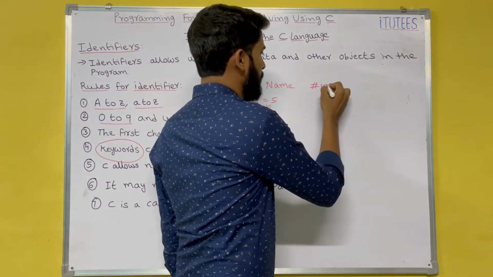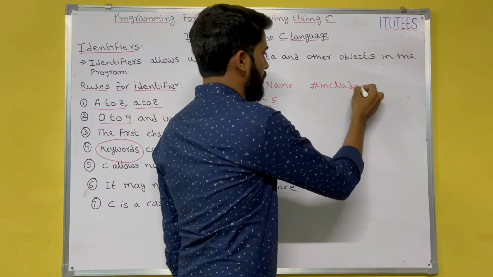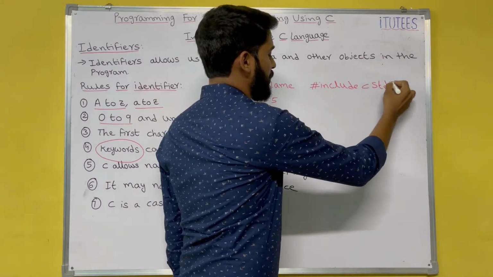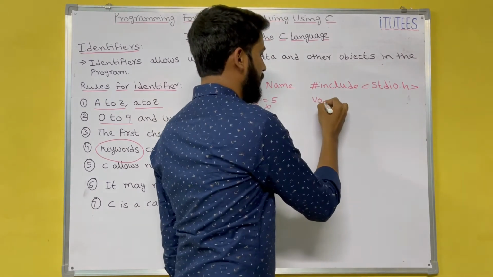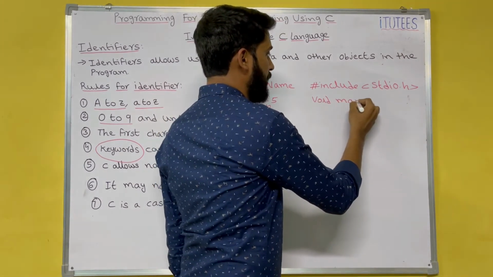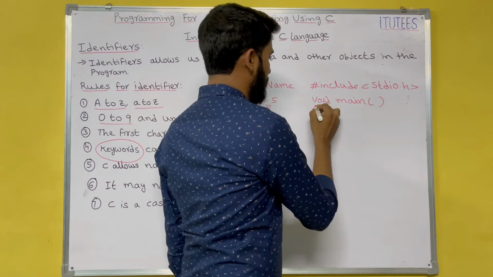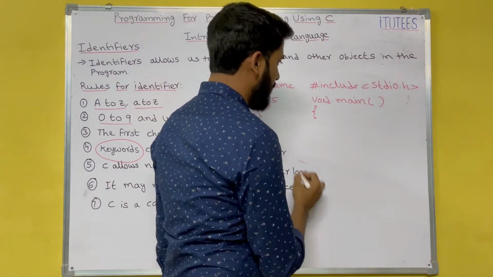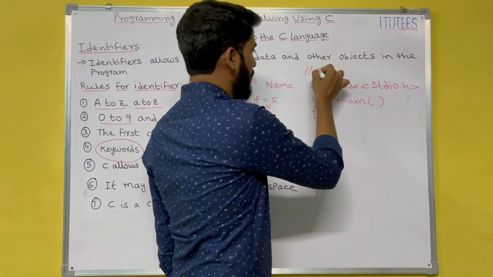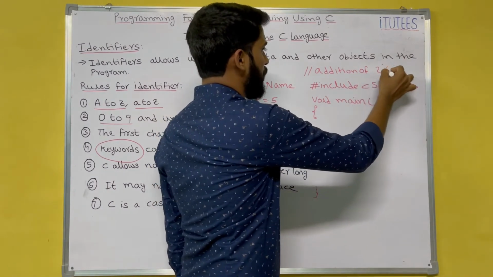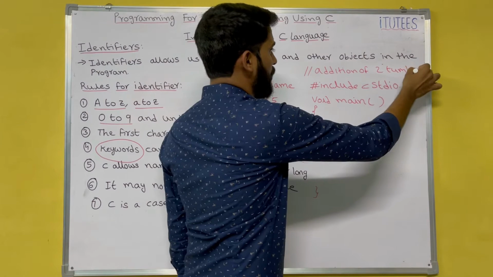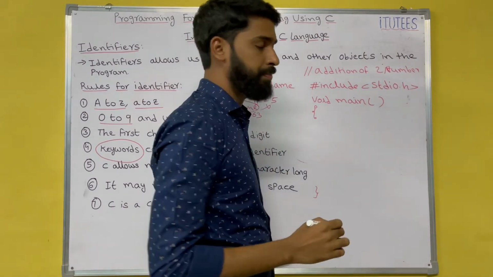Now we are going to see one small program. #include <stdio.h>. After that, the next line is main. Here I am going to write the program for addition of two numbers.